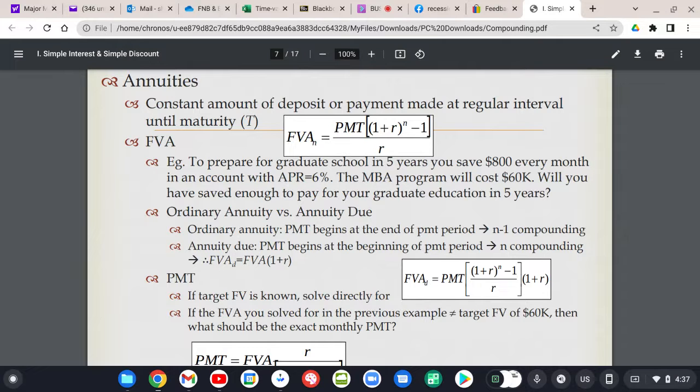Like a college fund, and so you are thinking of going to CUNY graduate school, right? An MBA program at Zicklin, or it doesn't have to be CUNY. You can go to Columbia, or you can go to NYU. You can go to Fordham.